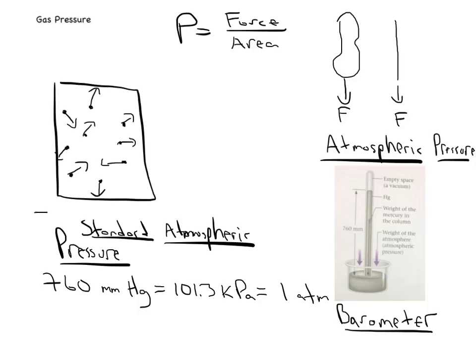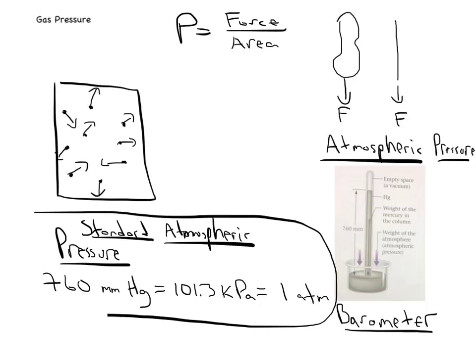These are the three main units for pressure: millimeters of mercury, kilopascals, and atmospheres. They have different relationships to each other, but these are equal. It's standard atmospheric pressure. These are the three values for each unit of pressure.